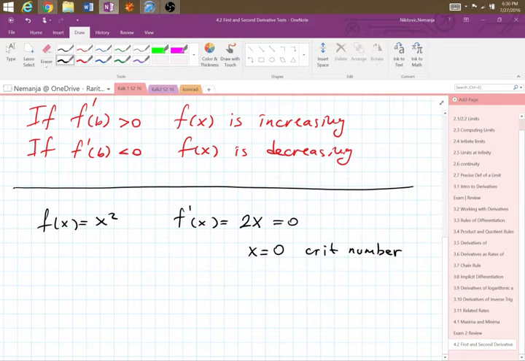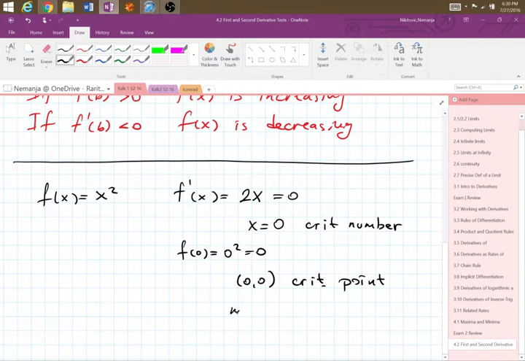And then when we find f of 0 is equal to 0 squared, which is 0, we have (0, 0), which is the critical point. Now this critical point gets to be min or max or that inflection later on.